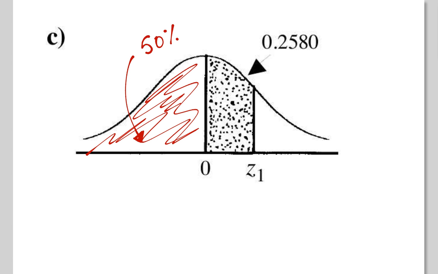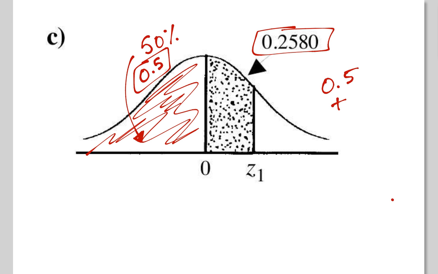Why is it 50? Because it's exactly half. It's at the 0. The decimal for 50% is 0.50 or 0.5. You want to put those decimals together. So you get 0.5 plus 0.258. That gives you 0.758. This is question C.